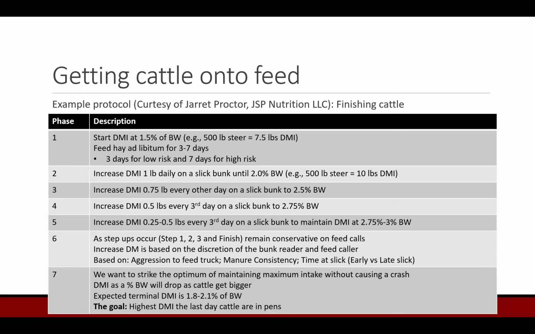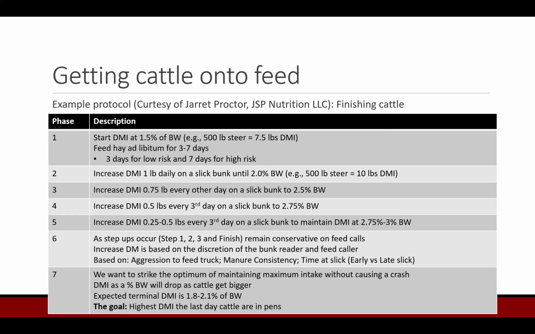Now, even though they're like 1,500 pounds now, they're eating 2.5%. Okay, so dry matter intake in pounds is still increasing slightly, but dry matter intake as a percent of body weight starts to decrease. Okay, so the goal is we want our highest dry matter intake to be the last day that cattle are on feed.